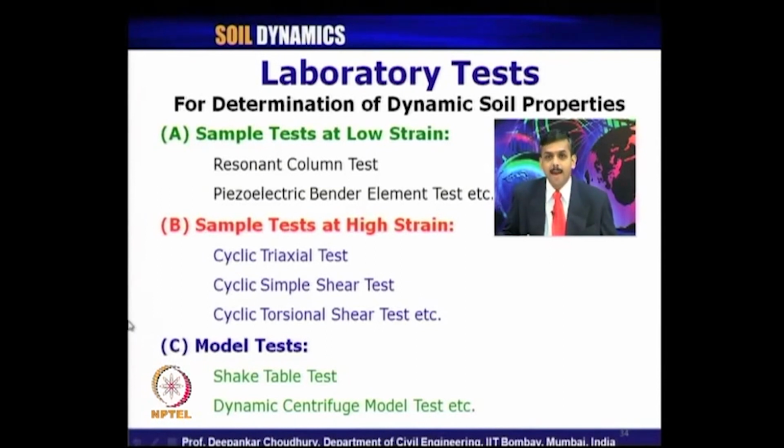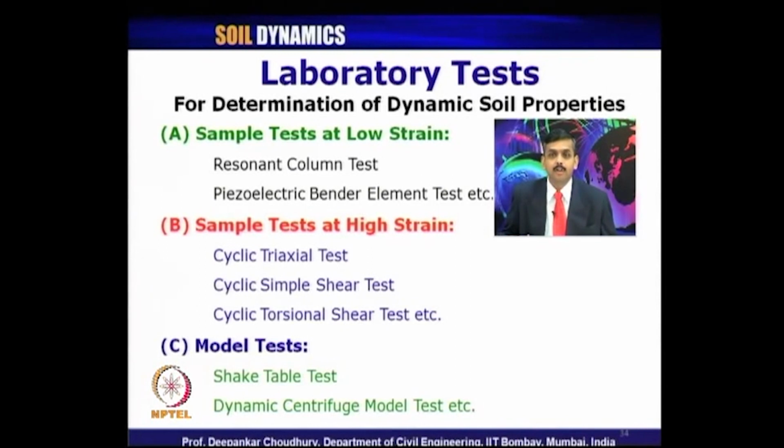One is sample test at low strain condition, where you apply your cyclic or dynamic strain at low strain level, conduct the test and measure the strength of the soil. Within that category we have tests like resonant column test and piezoelectric bender element test. So, these are sample tests at low strain level.